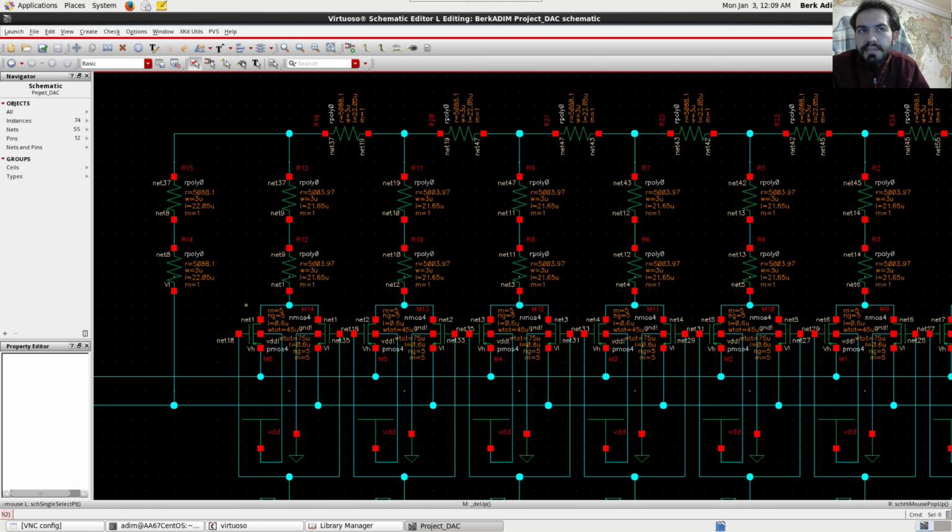If we were designing an ideal DAC, we would want our transistors to be ideal switches, but unfortunately for the designer, no switch is ideal. As you can see here, we are using transistors for our switching.